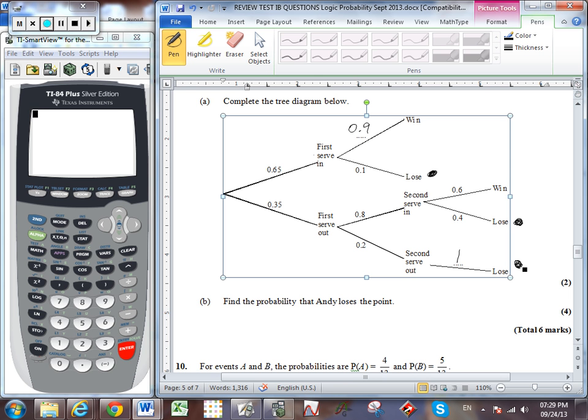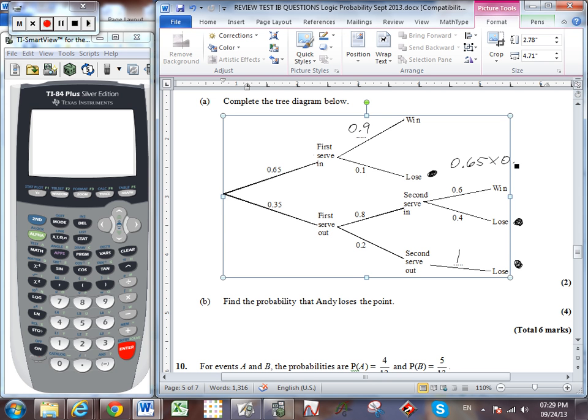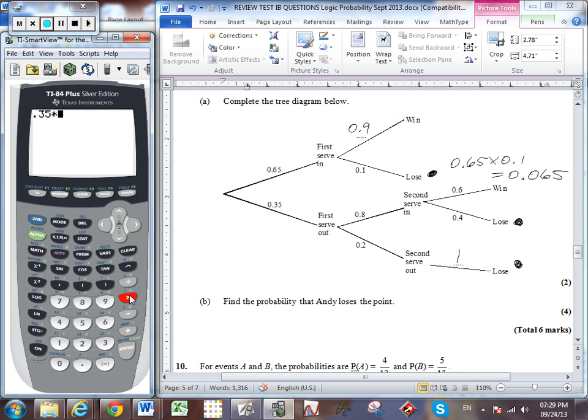This first one, we multiply the probabilities along the path. 0.65 times 0.1 gives us 0.065. Second probability, 0.35 times 0.8 times 0.4. I have to do that one on the calculator, I'm afraid. 0.35 times 0.8 times 0.4, and that gives me 0.112.